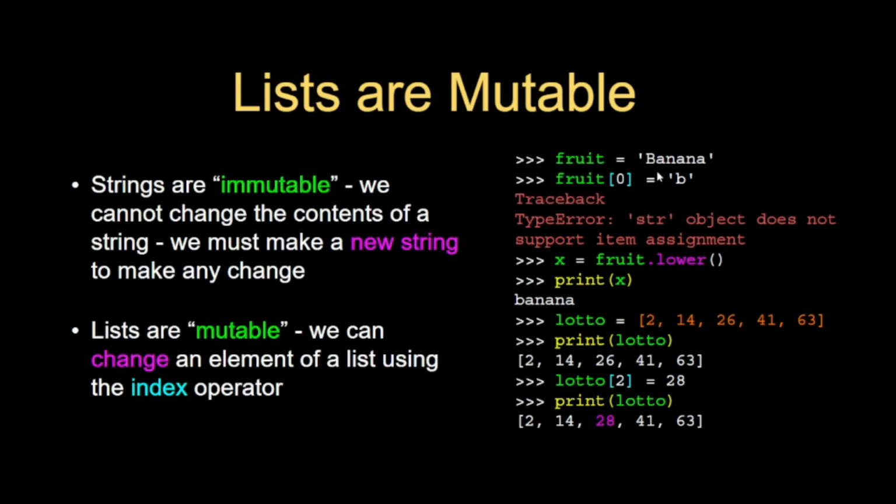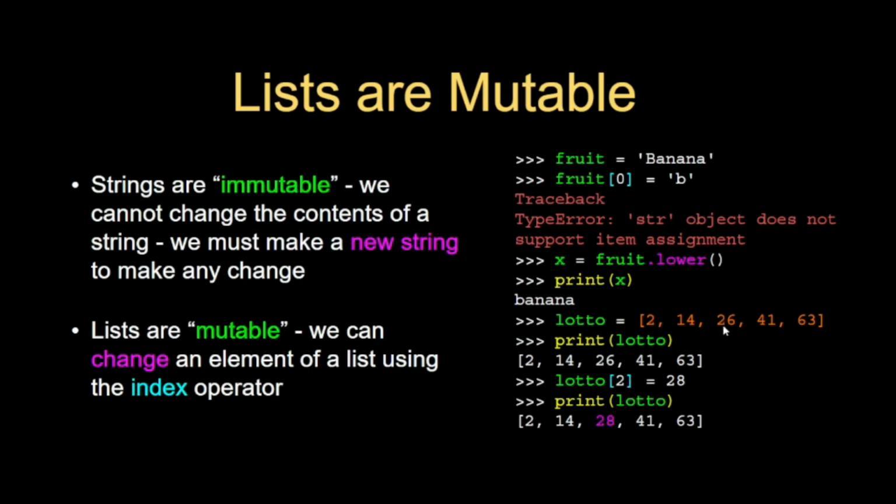But if I change it to a lowercase in a new string, then it will definitely allow me to do that. Now in the case of a list, let's say there is a list variable named lotto, and it contains 5 values. If I print lotto, it will print here. What if I have to change the value at the second index?